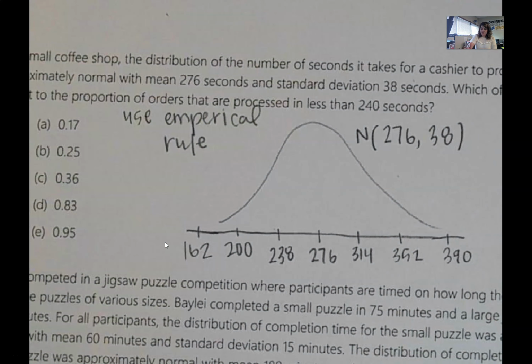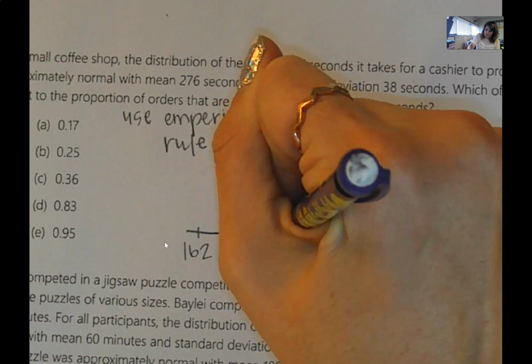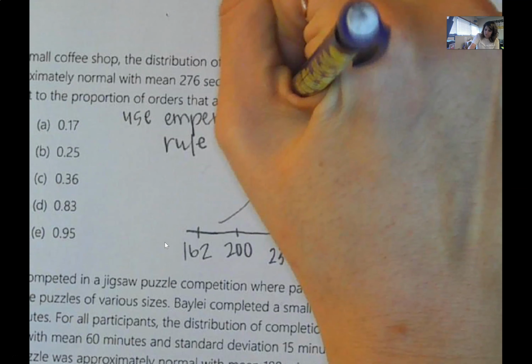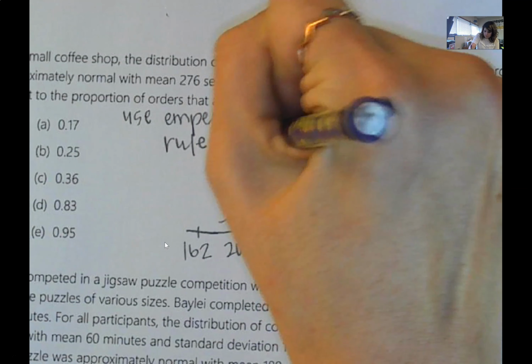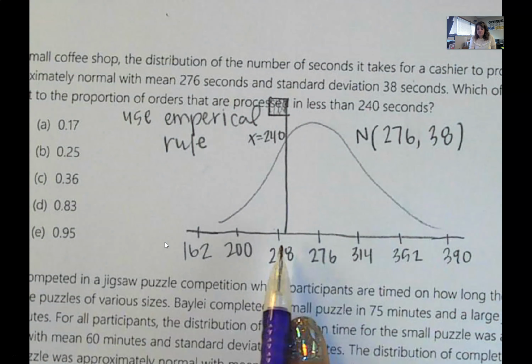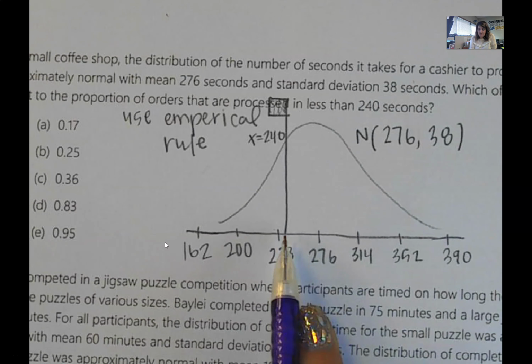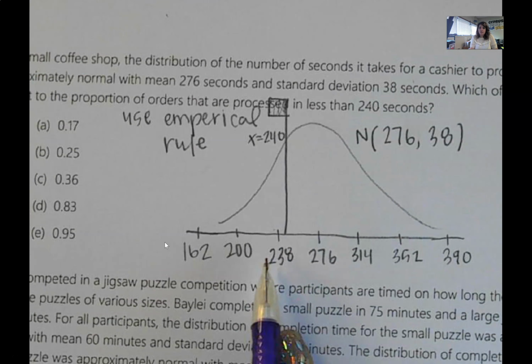And they have given us a value of 240, which I think is about right there. 238 is one standard deviation away, and they gave us a value of 240. That is very, very close to 238.